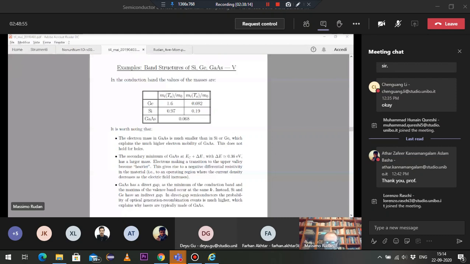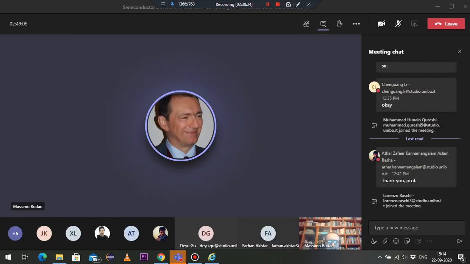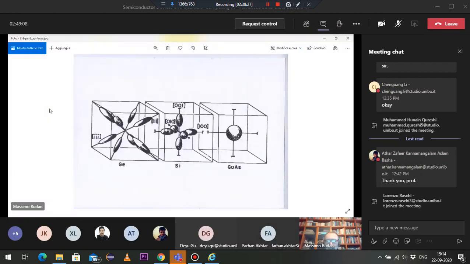Okay, so let me change the screen. Here we are. So if you look at the right part of the figure, for gallium arsenide, near the minimum of the conduction band, we have a surface of equal energy.